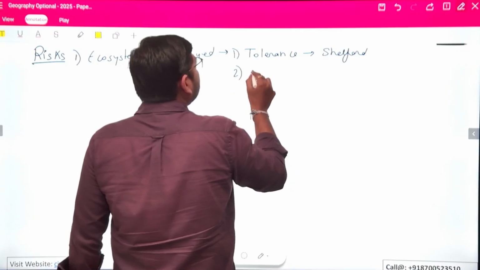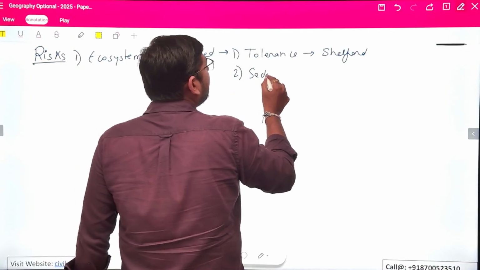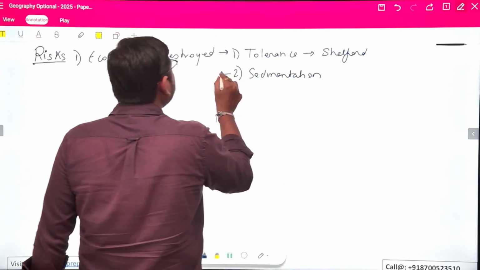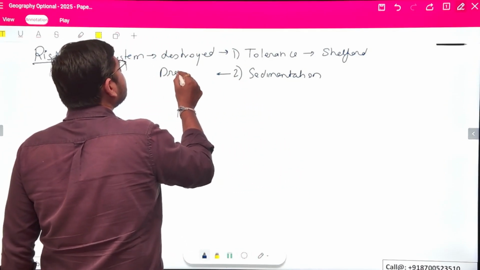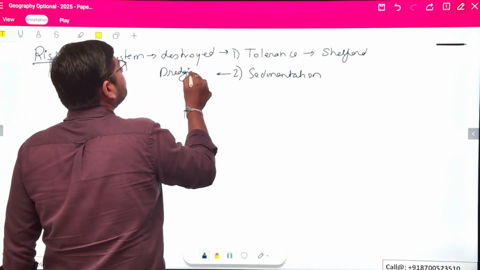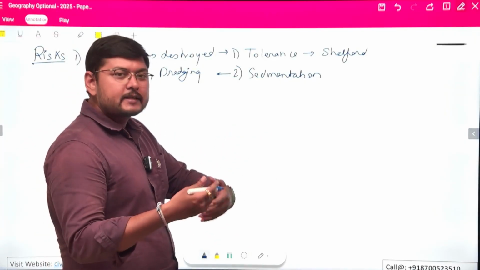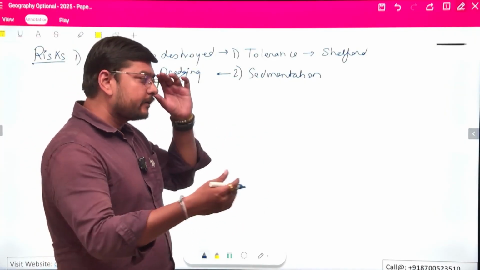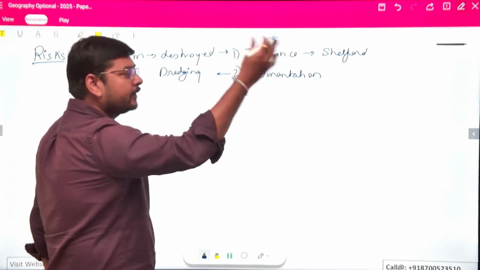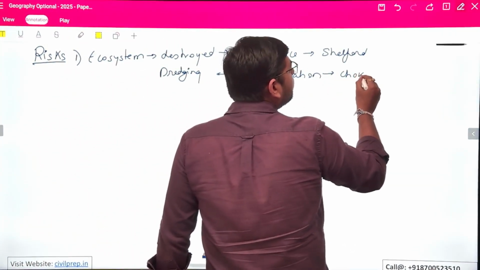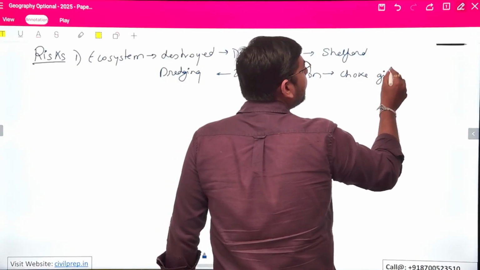There can be sedimentation. Sedimentation is happening because of the dredging process. Whenever we are trying to take up the resources, it results in the dredging phenomenon, and under dredging, the sediment will be given out. So these sediments can choke the gills of fishes.